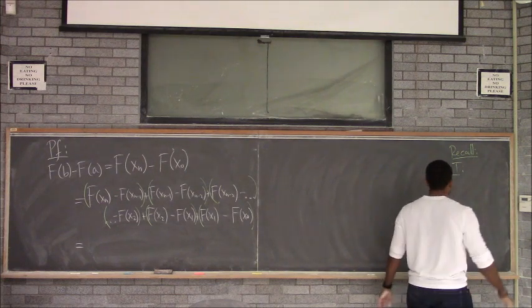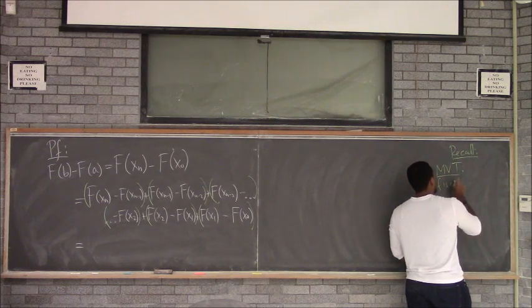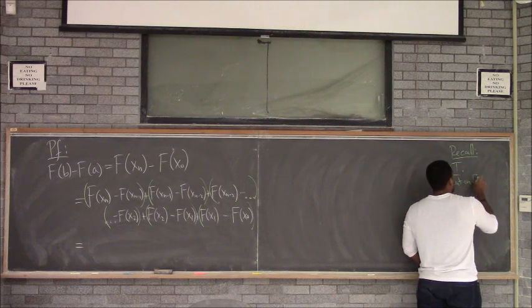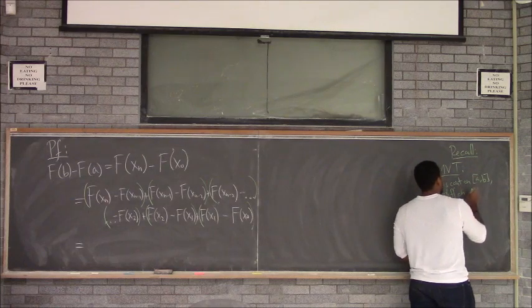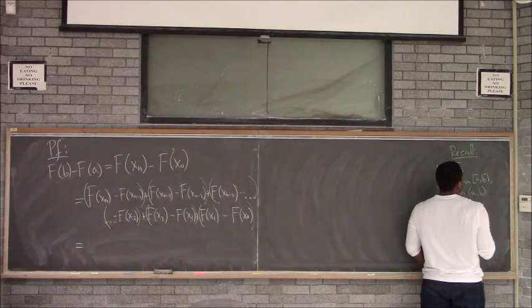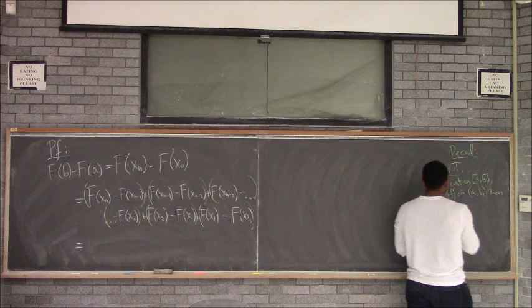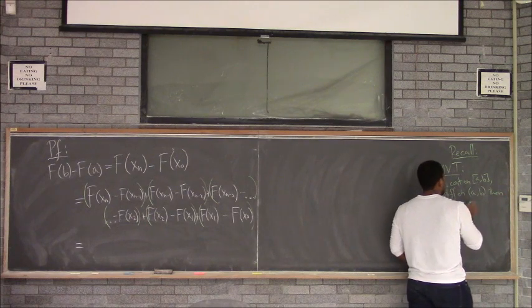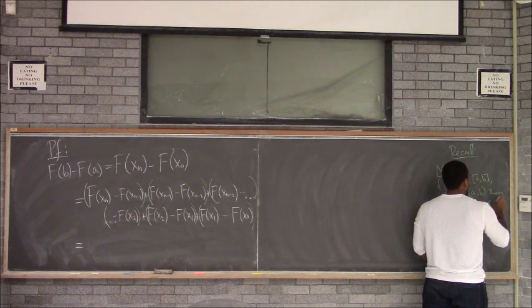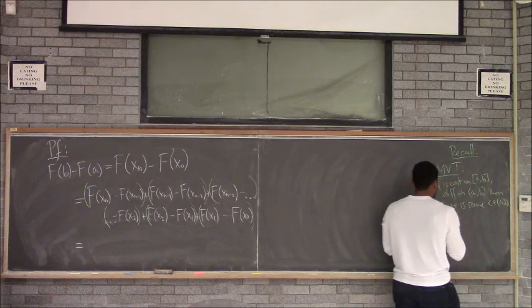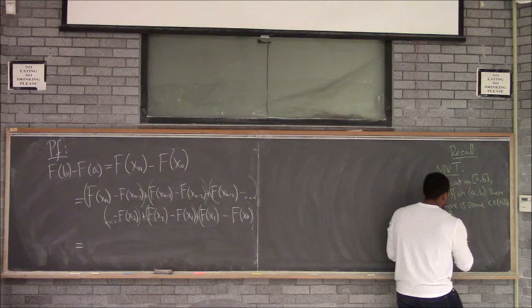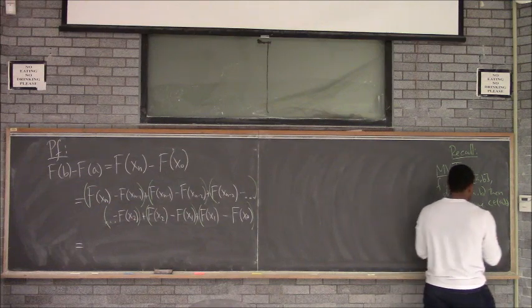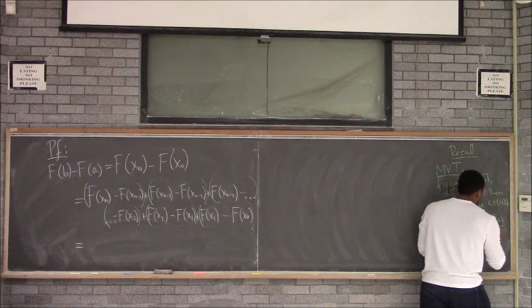So the mean value theorem says if f is continuous on [a, b], differentiable on (a, b), then there is some c in (a, b) such that f prime of c is equal to, well, f of b minus f of a over b minus a.